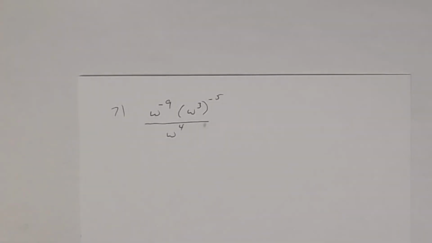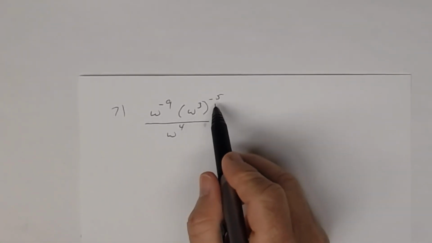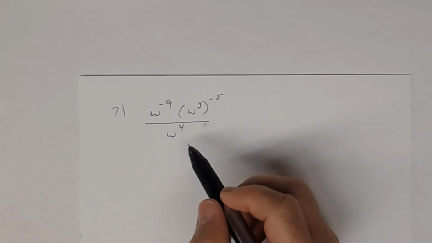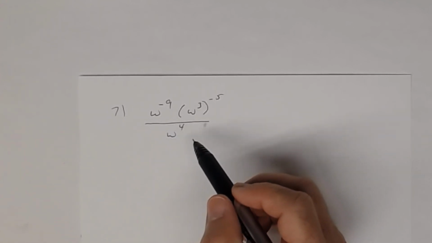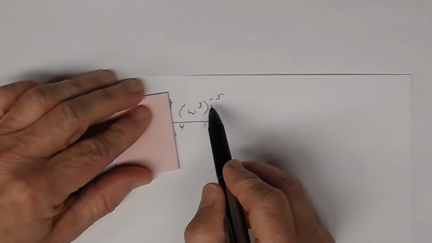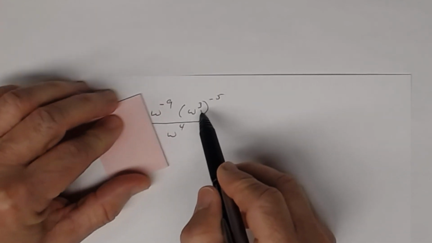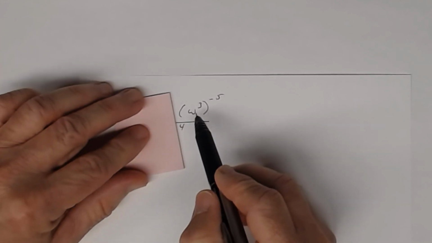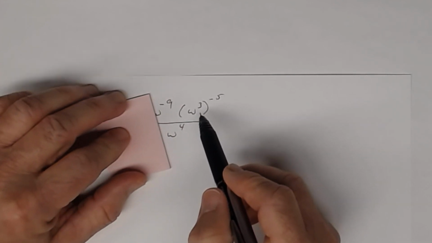So there's a lot of stuff there, but look at it in a strategic way. So notice that I have some parentheses here. So let's try and get rid of these parentheses first. See if that can help.